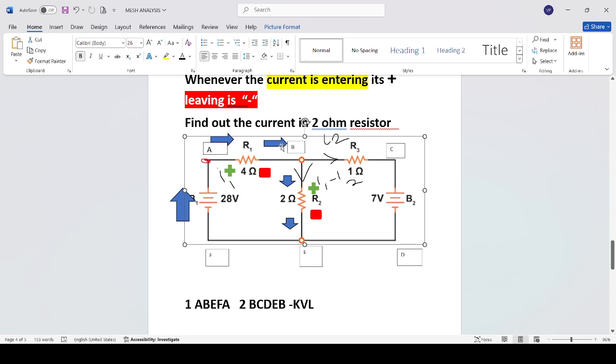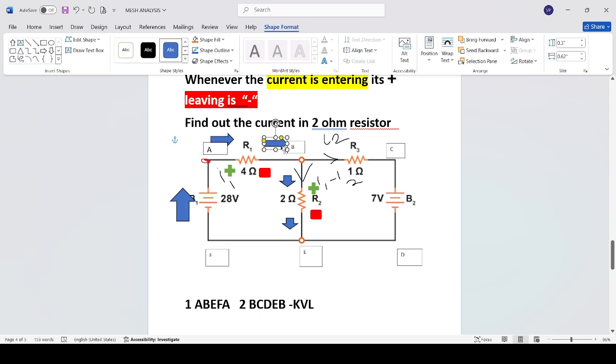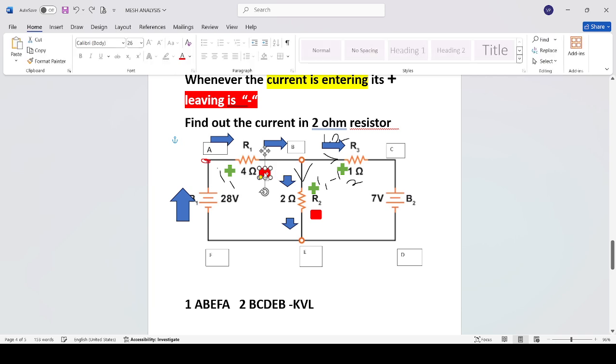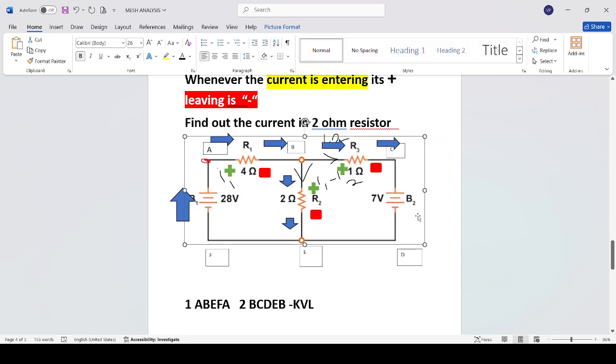Similarly, if you take this, the current is entering this resistor, so I will put a positive sign. And it is leaving, so negative.